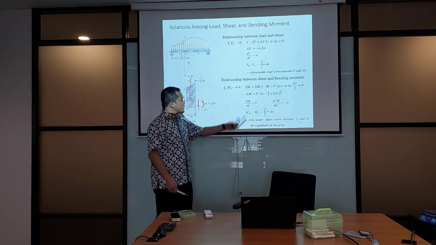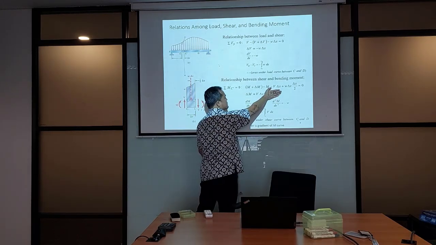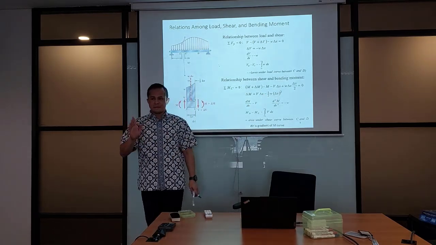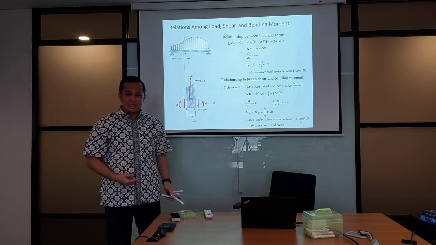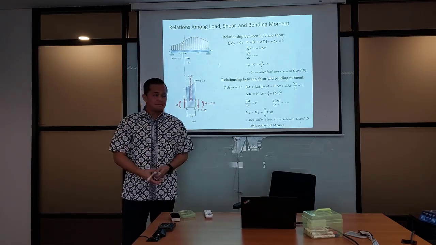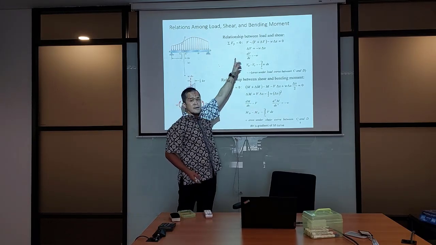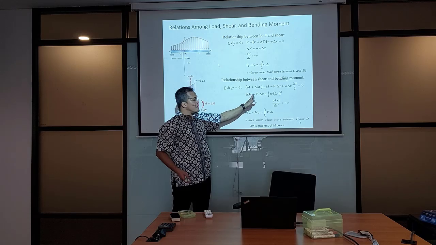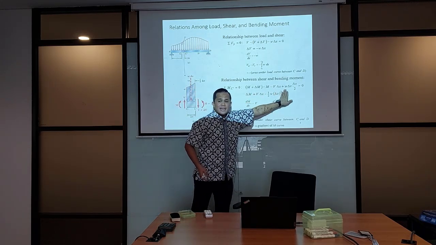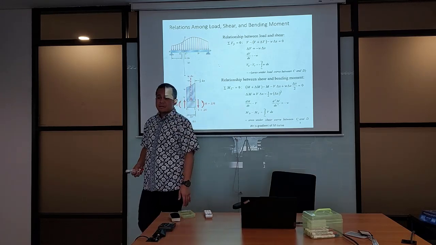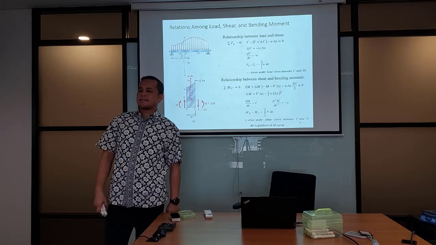In short, delta M is equal to V delta X. Without this, that's how we derive the relationship between bending moment, V and X. And you see again, similar to that part, delta M equals V delta X. Without this, it is again a linear equation, and V becomes the slope.